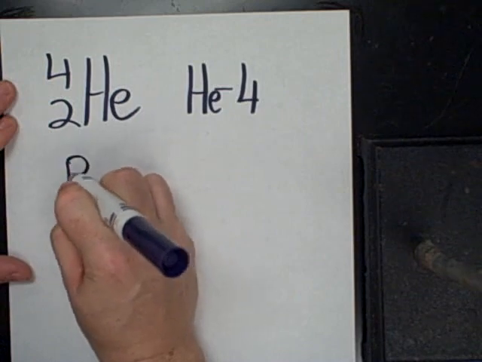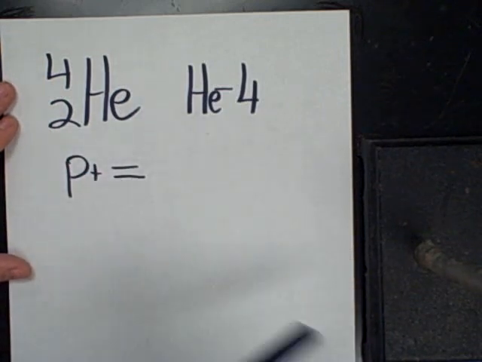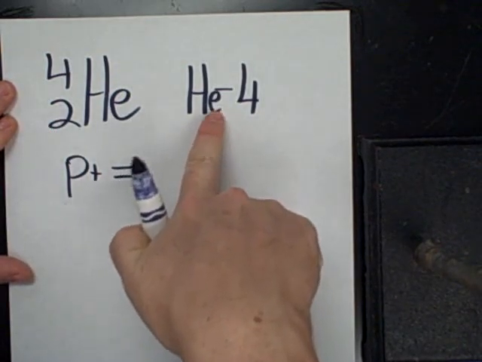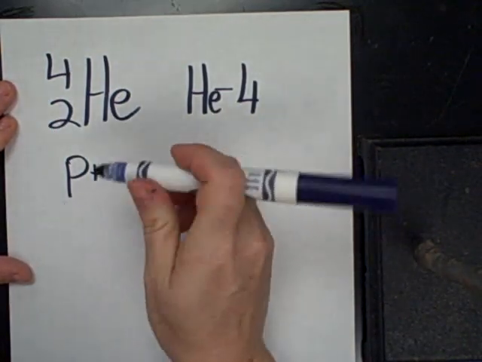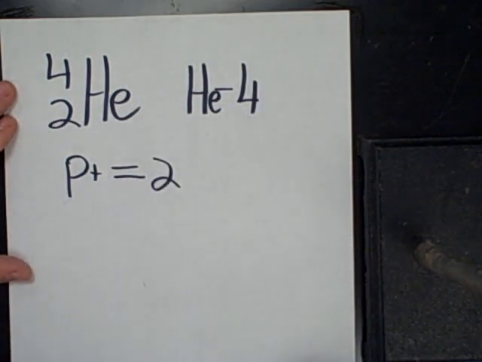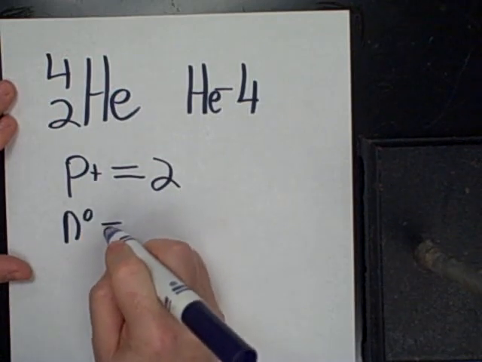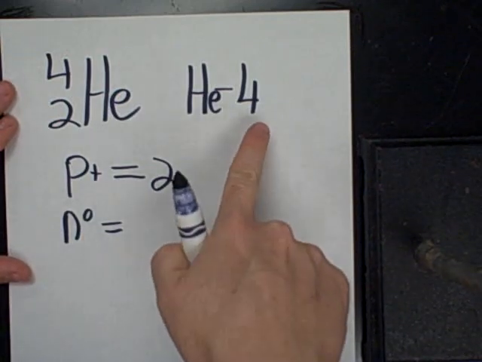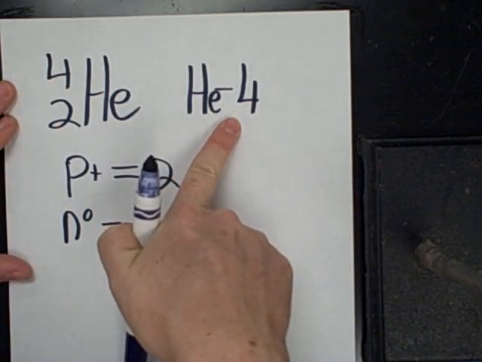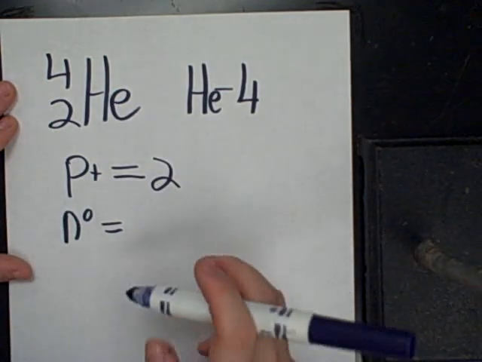So the protons is equal to the atomic number. And the atomic number is 2. If they had given us this symbol, we would have to look up helium on the periodic table. So the number of protons is 2. Neutrons: we take the mass number, which is 4, and we subtract the atomic number, which is 2.